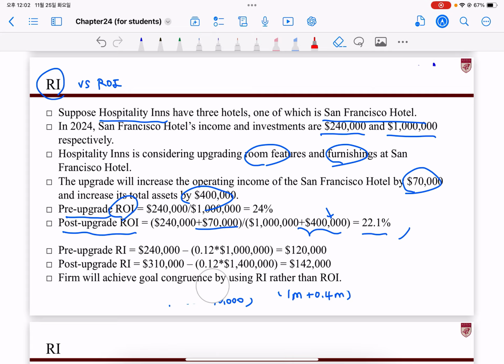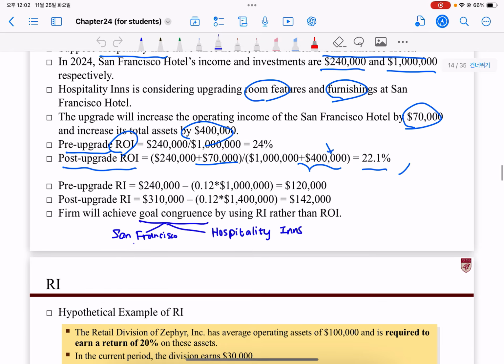What does goal congruence mean, by the way? Goal congruence means, let's say here, there are 2 types of parties, which are the San Francisco hotel and the Hospitality Inn. These are 2 players. San Francisco is kind of an agent that is working for Hospitality Inn, and Hospitality Inn is a principal, like the owner of the company, right?